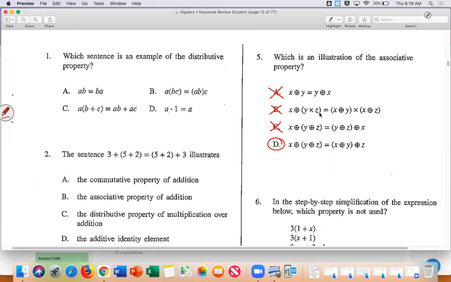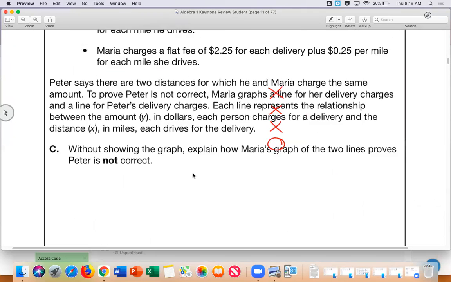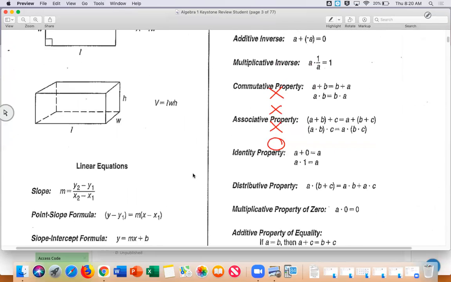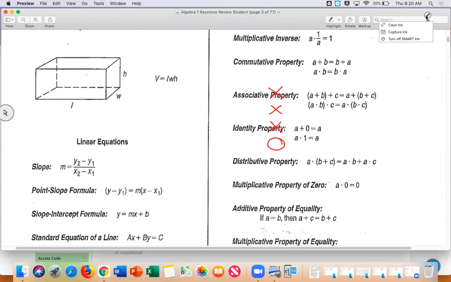Now, the other way to do it that's probably not as confusing is this. Everybody go back to the formula page. Does everybody see the associative property here? It's written for you. Do you see that? Okay.